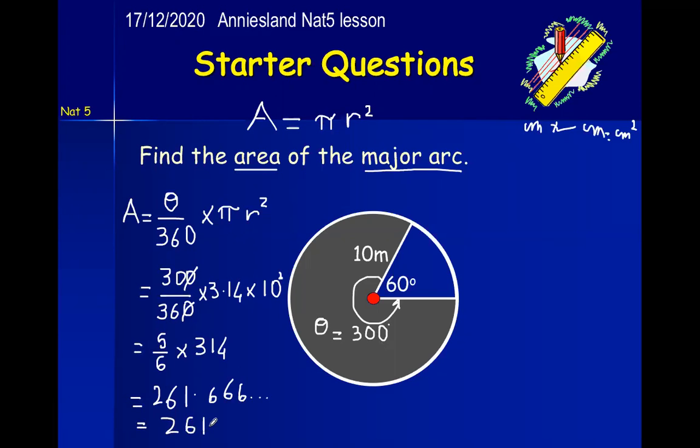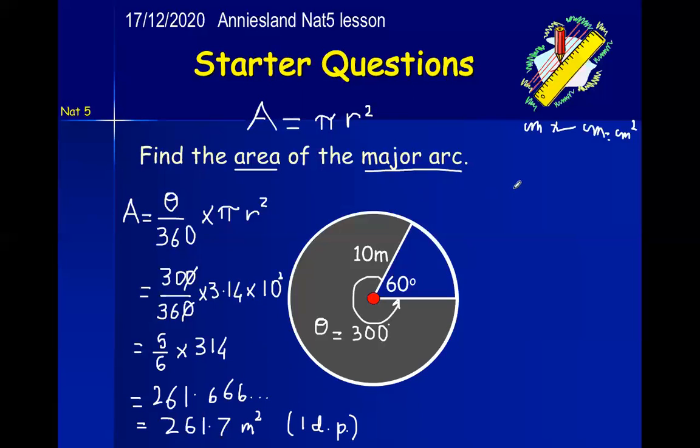As long as I write that, 261.7, and because these were meter square, to 1 decimal place. You've chosen to give me the answer with 1 decimal place, and you've noticed that the second decimal place was 6. That means I need to round up to a 7. That would be full marks.